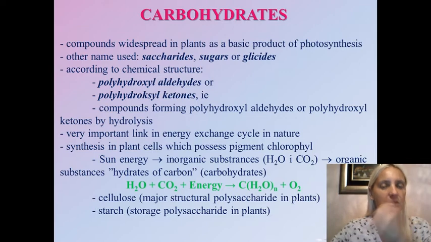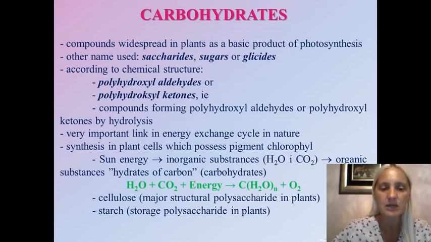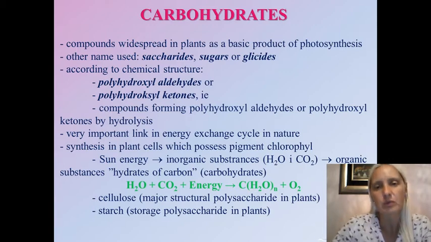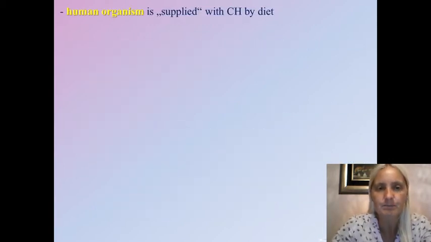Regarding the carbohydrates synthesized by photosynthesis in plants, we have to mention cellulose, which is the major structural polysaccharide in plants, and starch, which is the storage polysaccharide in plants.